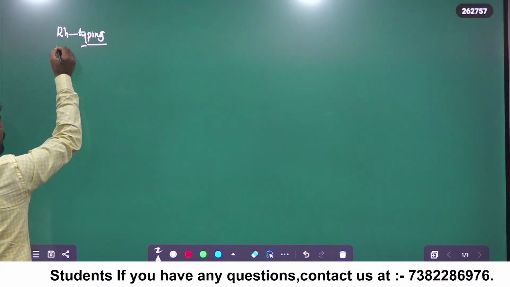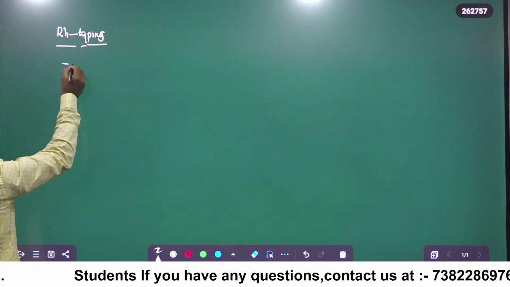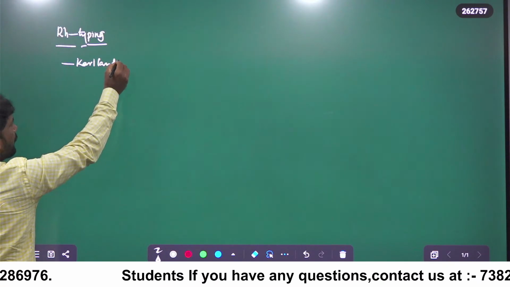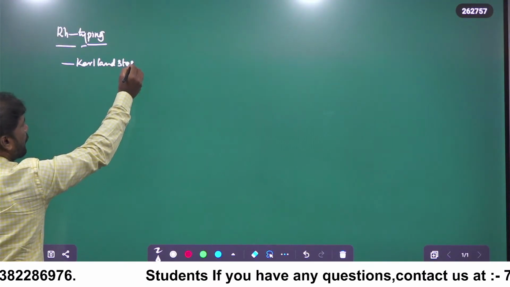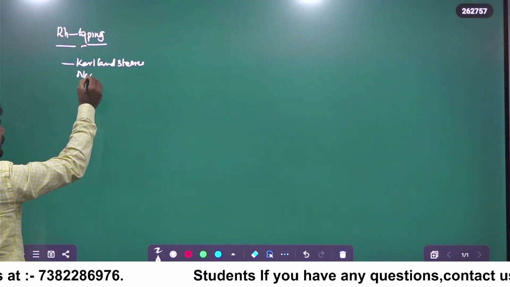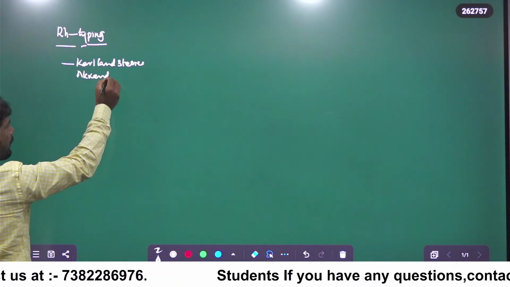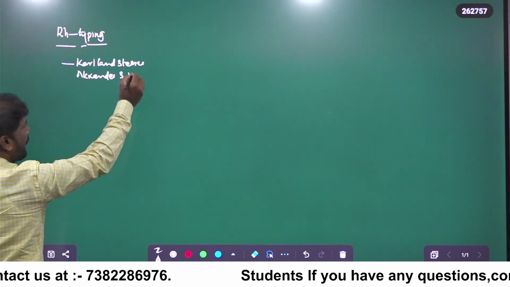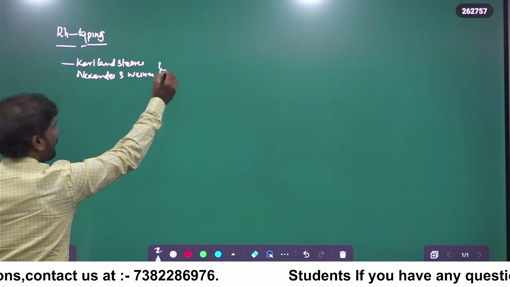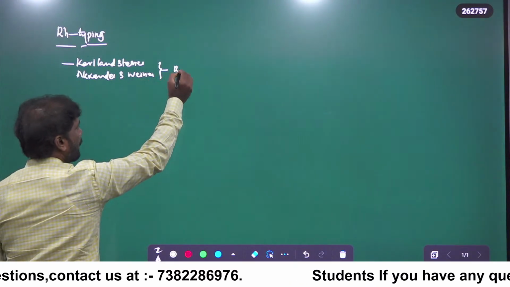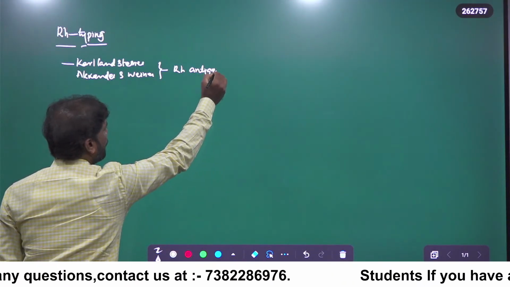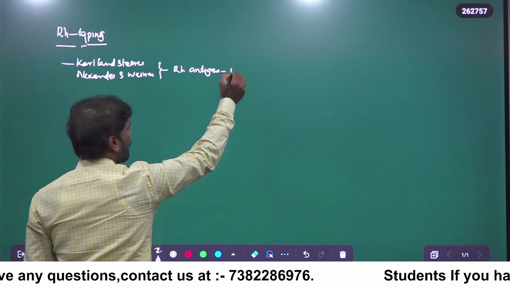Here it is RH typing. Carl Landsteiner and Alexander S. Weiner, scientists, discovered the RH antigen in the blood of a monkey.